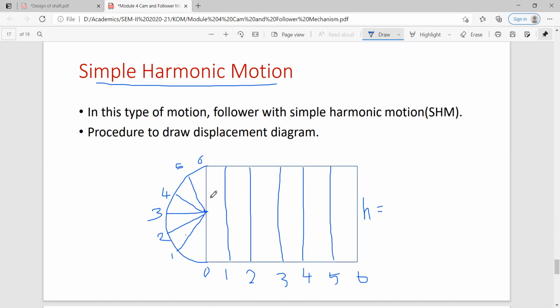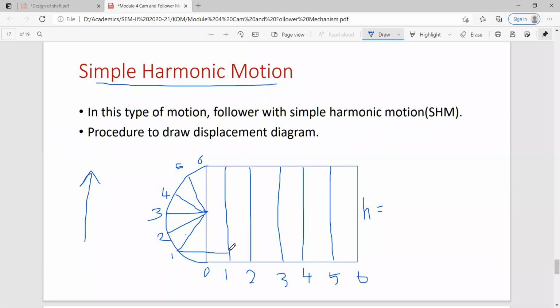Okay, so we are drawing it for the rise. Angle of rise means the follower is rising. After dividing the semicircle into 6 equal parts, you have to extend this point 1 horizontally like this up to the vertical line 1.